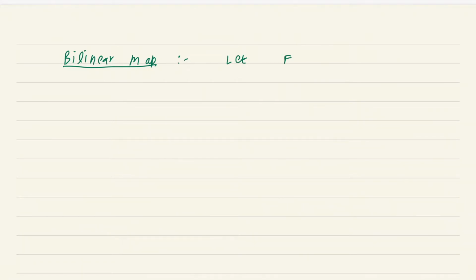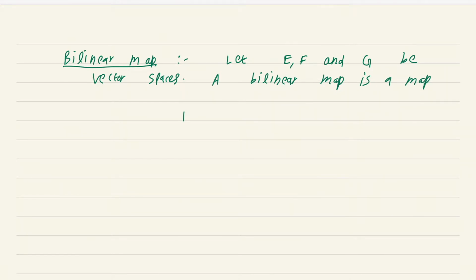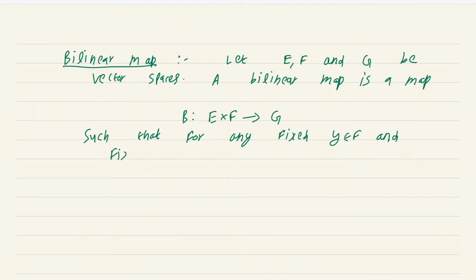Let E, F and G be vector spaces. A bilinear map is a map B from E times F, the Cartesian product of two vector spaces, which is in an obvious way a vector space, to G such that for any fixed y in F and fixed x in E, both the maps are linear.